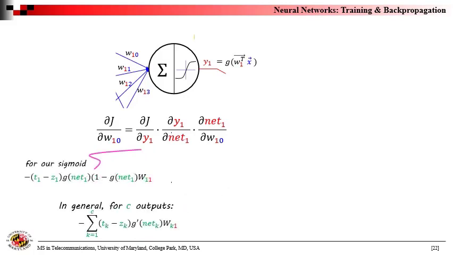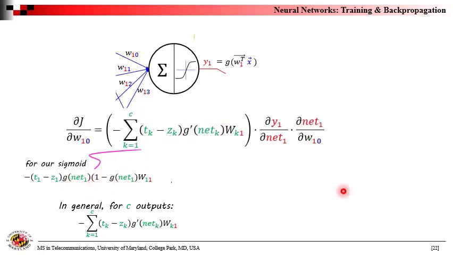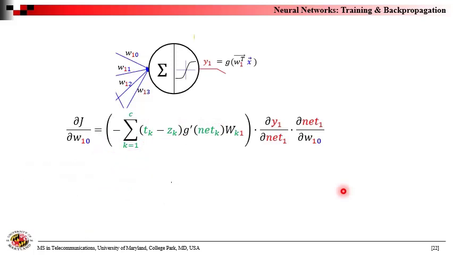For our sigmoid function, we know that g prime is equal to the sigmoid function times 1 minus the sigmoid function. In other words, g prime is equal to g times 1 minus g. We can plug that in right now. And this derivative of y1 with respect to net 1, well, what is y1?